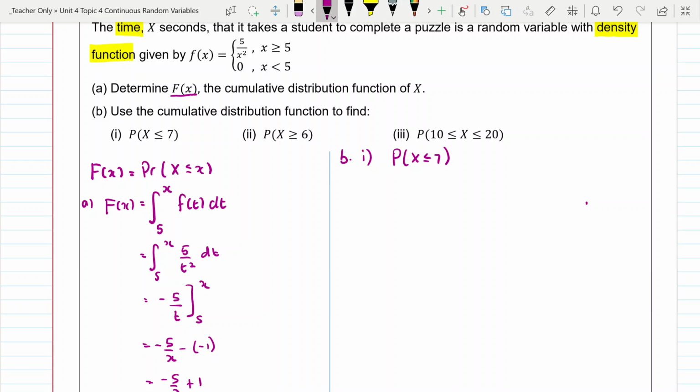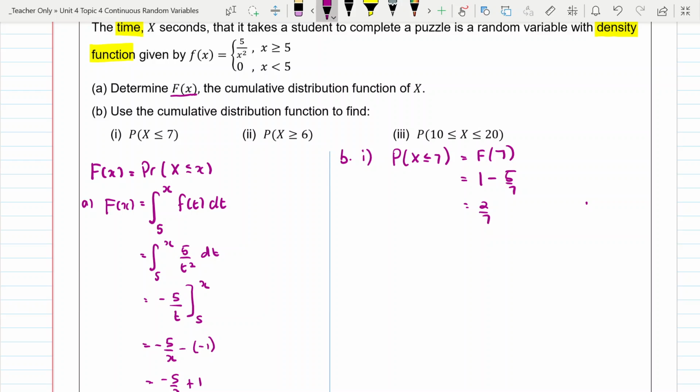What that actually is equal to is just our integrated function, our cumulative distribution function's value at 7. Okay, because probability of less than or equal to. So it's as easy as saying 1 minus 5 over 7, and that's equal to 2/7.